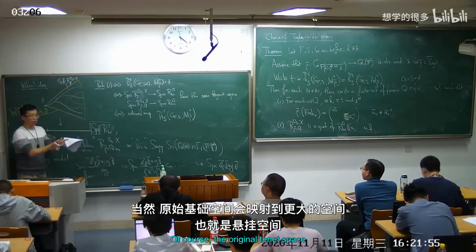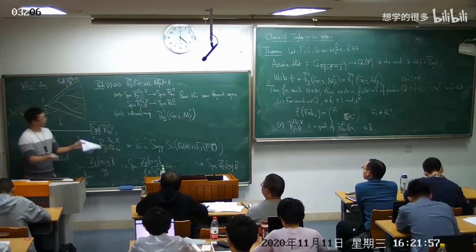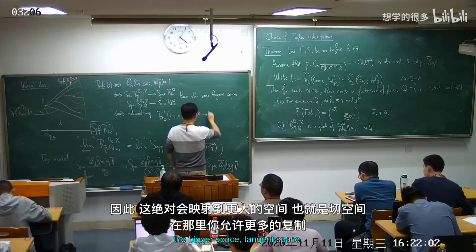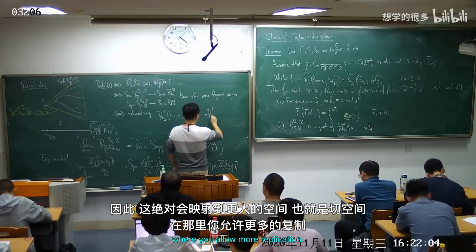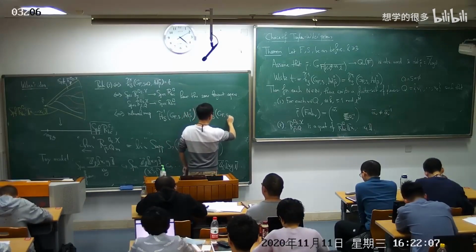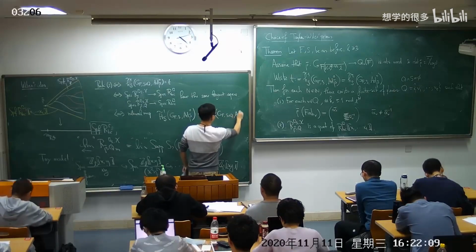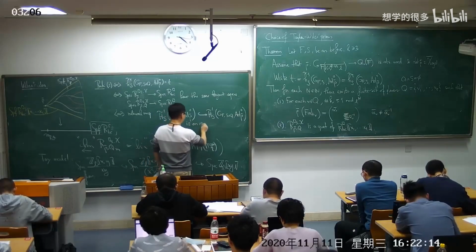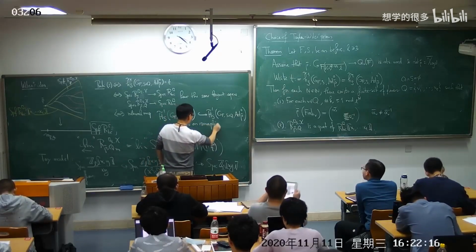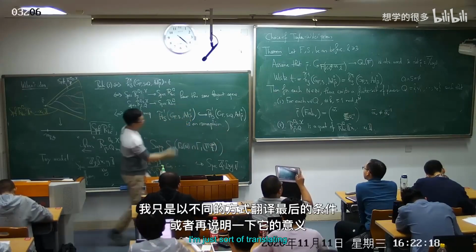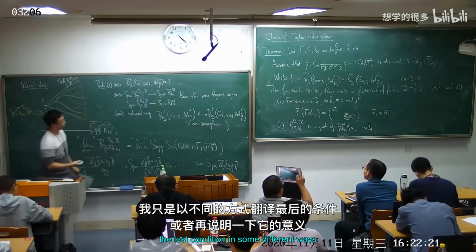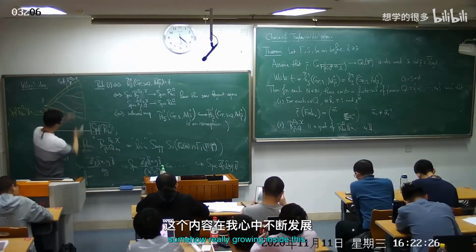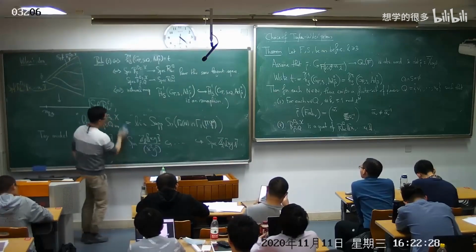Of course, the original tangent space will map to the bigger tangent space, where you allow more ramification. This is an isomorphism. I'm just translating the last condition in different ways, or explaining what it means to really grow inside this polydisk.